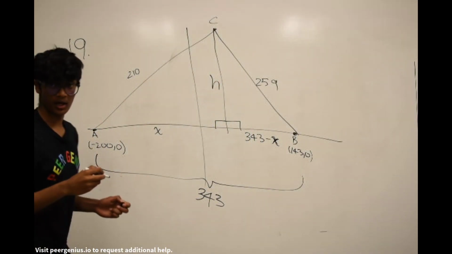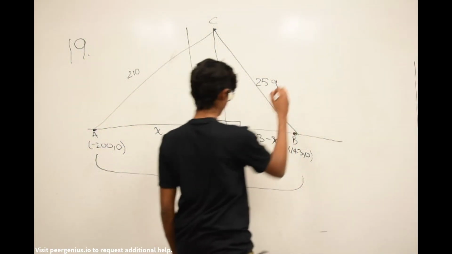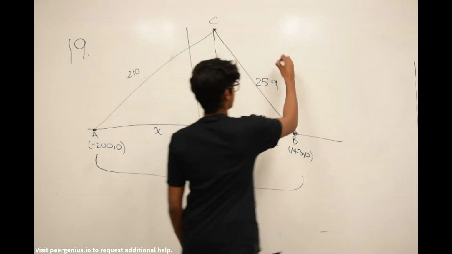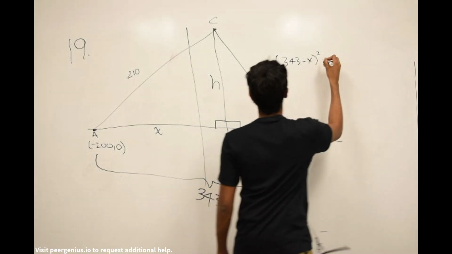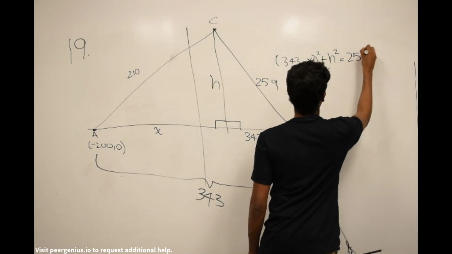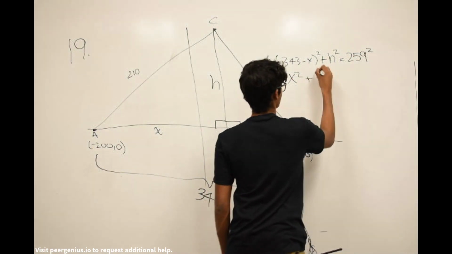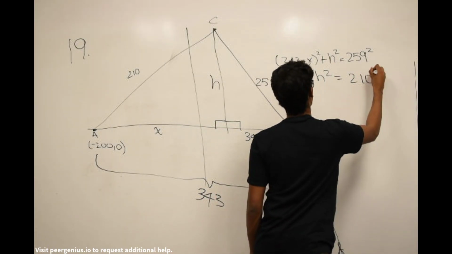Now we can write Pythagorean theorem formulas: (343 minus x) squared plus h squared equals 259 squared, and x squared plus h squared equals 210 squared.